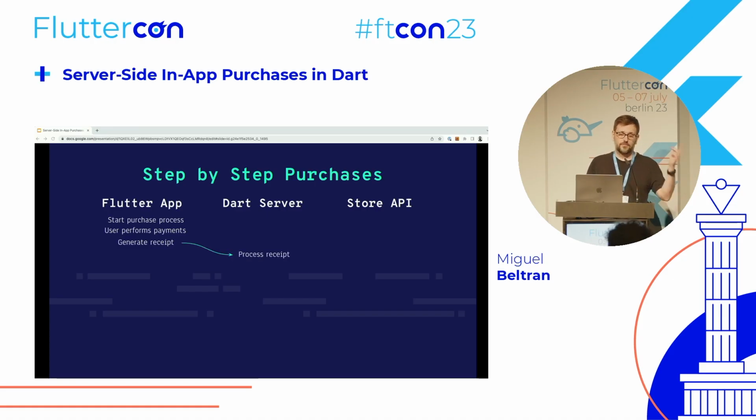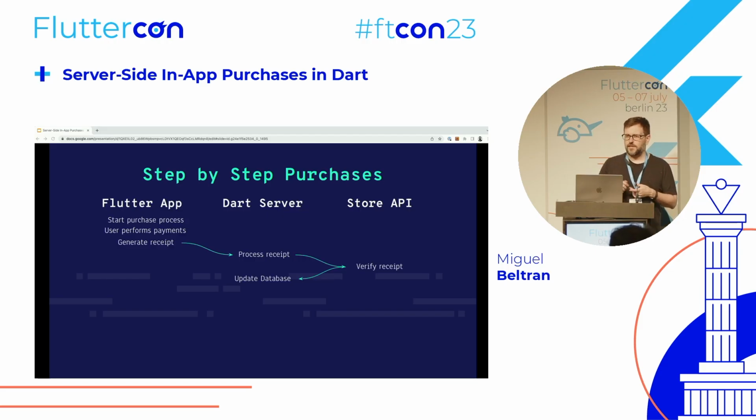For that, you're going to be calling into your Dart server, to a method to process receipts. With this, you want to call the store APIs, calling the verify receipt endpoints from Google and Apple, depending on the platform. This is going to give you back some information. We're going to see later what, but this information you need to store in a database.